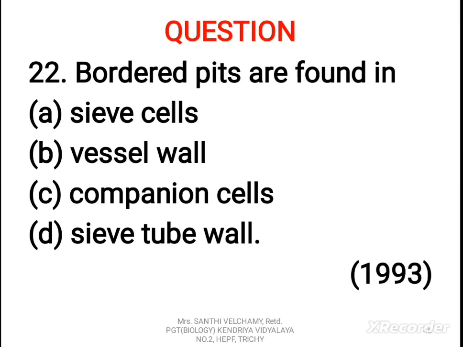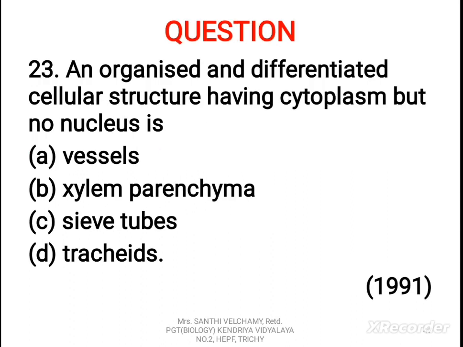So bordered pits are found in A. Sieve cells, B. Vessel wall, C. Companion cells, D. Sieve tube wall. So the correct answer is B. Vessel wall. Now next question. An organized and differentiated cellular structure having cytoplasm but no nucleus is A. Vessels, B. Xylem parenchyma, C. Sieve tubes, D. Tracheids.